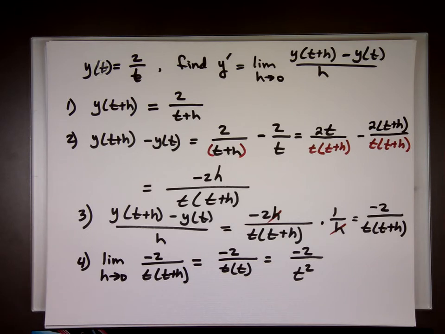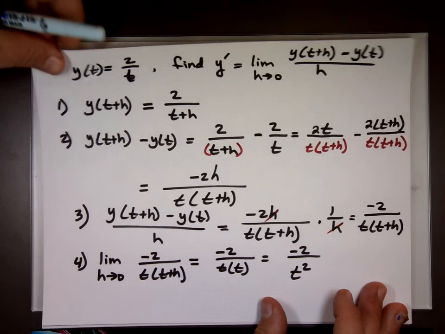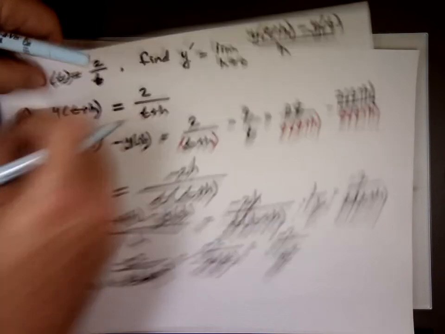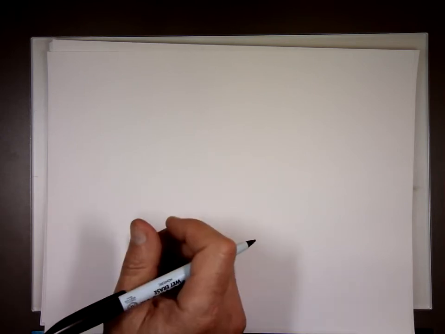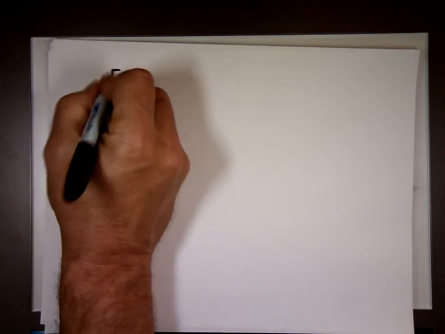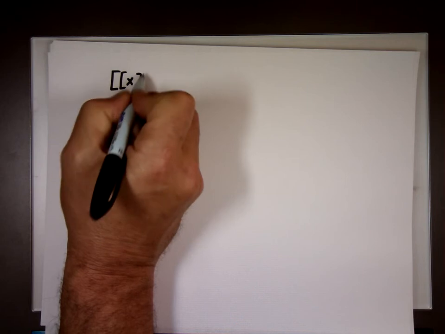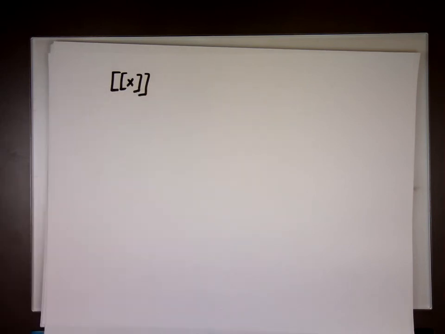We have a function called the greatest integer function. It looks like this. That's the name of it. You see that in calculus a lot. The greatest integer.